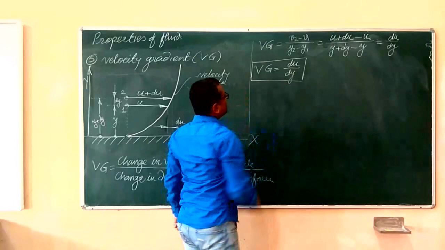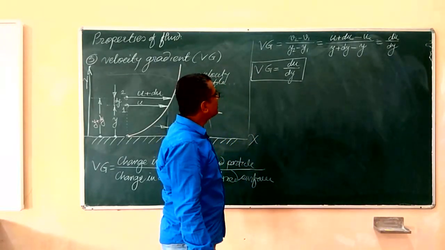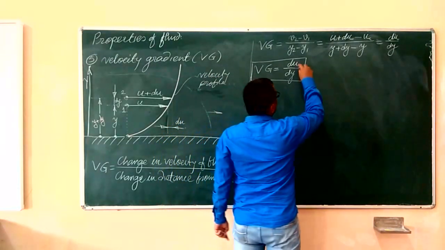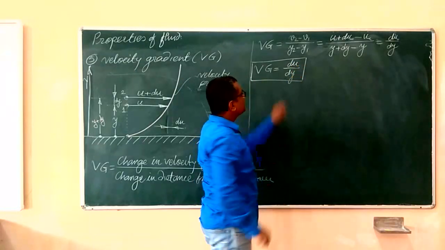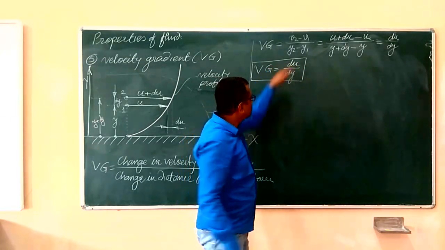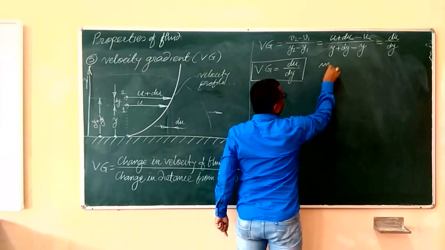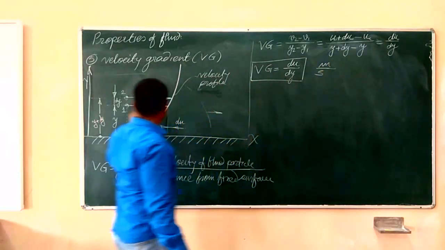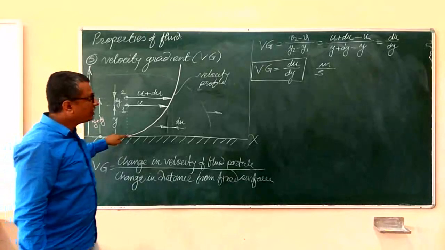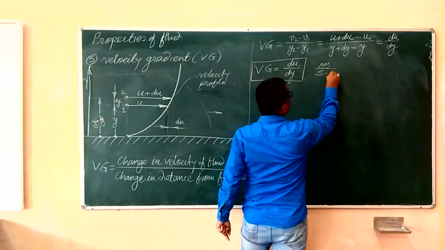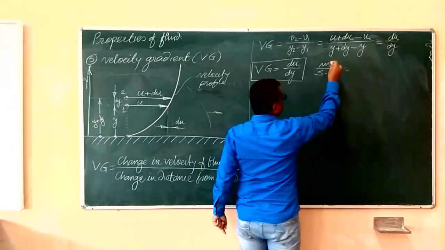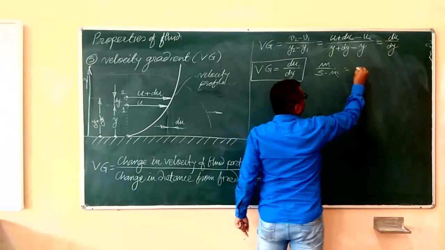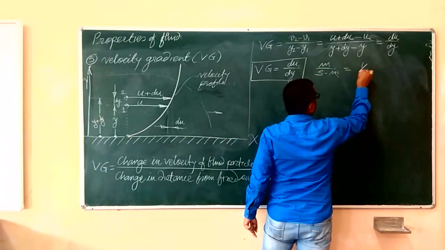Now let's check out the SI unit used for the measurement of velocity gradient. Remember du represents the velocity of the fluid particle, so it will be measured in meter per second, and dy is basically the distance of the fluid particle from the fixed layer, so it is measured in meter. So the unit meter will get cancelled, and the SI unit will be per second.